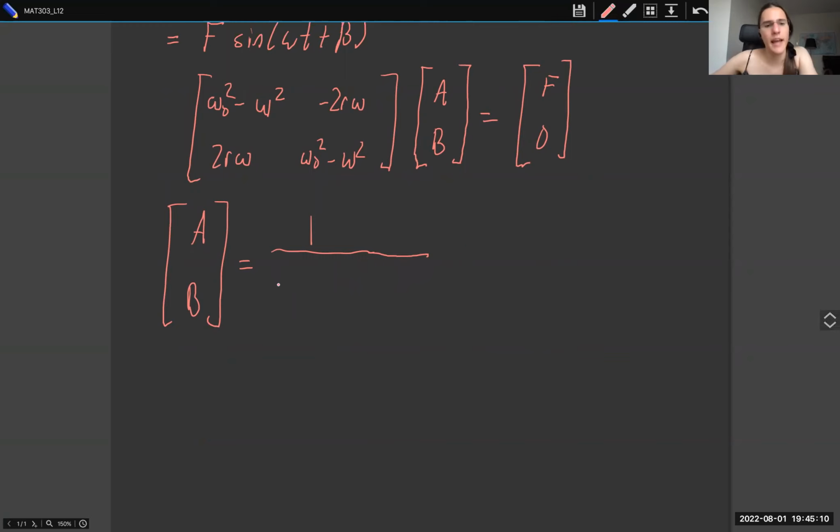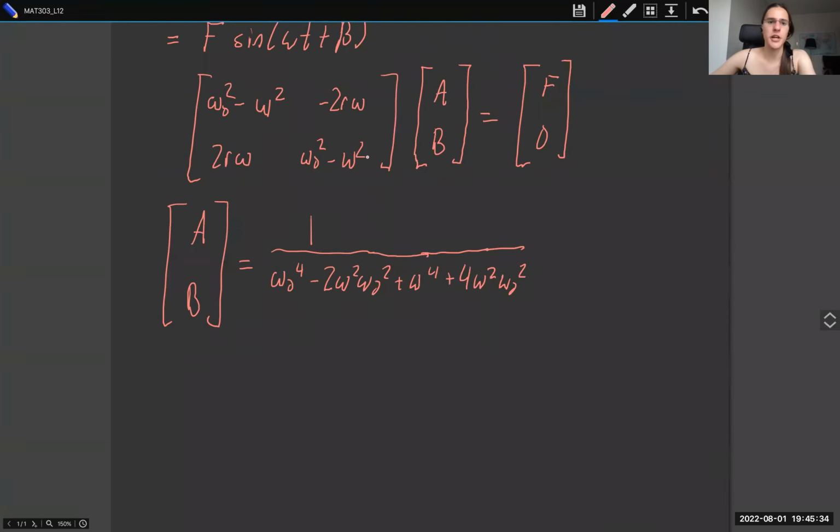What happens is that I have omega naught to the 4th minus 2 omega squared omega naught squared plus omega to the 4th. But then I add 4 omega squared omega naught squared.